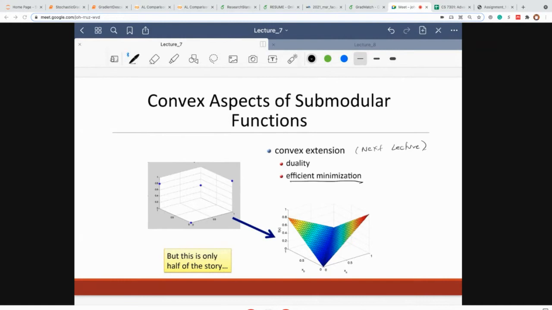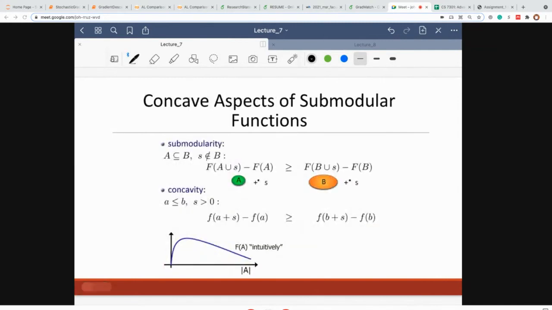So the convex aspects of submodular functions is only half the story though. The other half is that you have certain properties of submodular functions which are like concavity. One property is the diminishing returns property itself. Diminishing returns says, and this is more akin to a concave function, that the gain of adding an element early on will be larger than the gain of adding the same element later on.